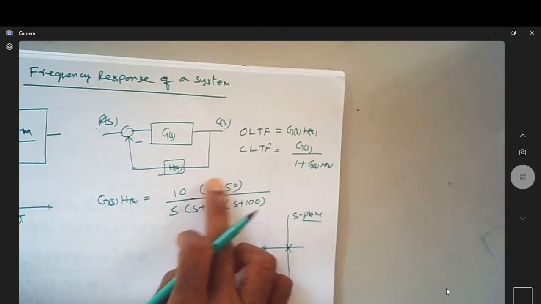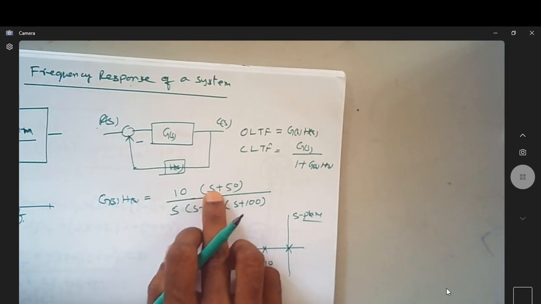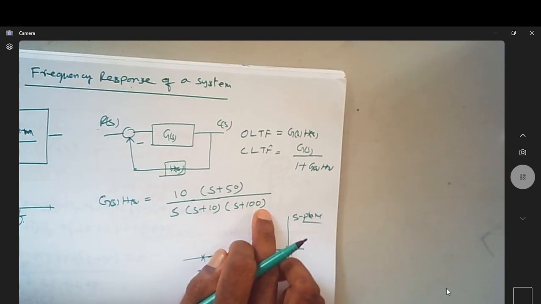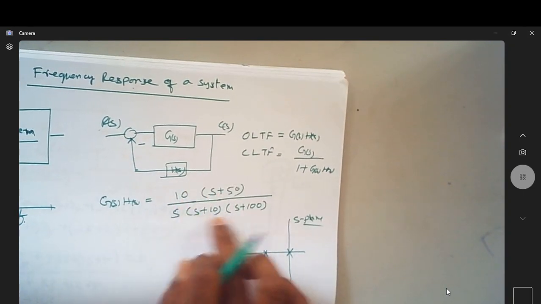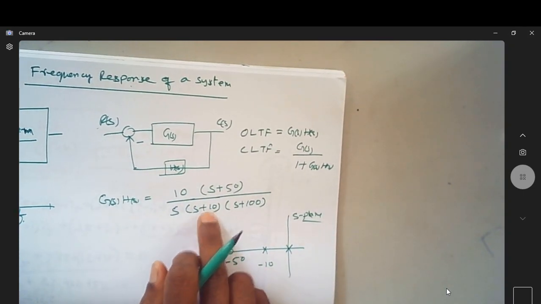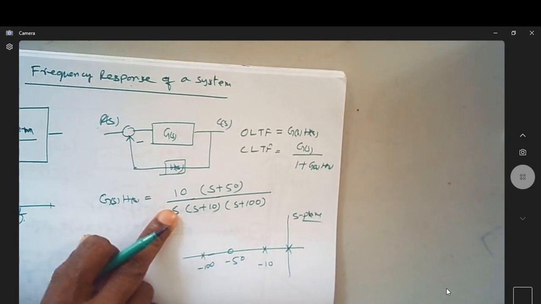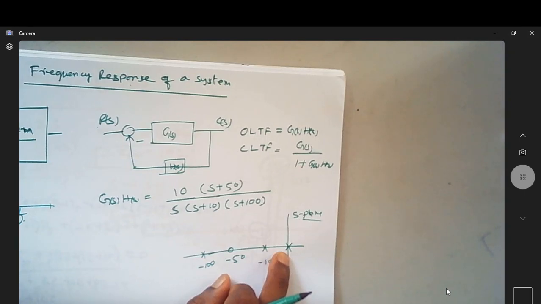Now this is in pole-zero form, because you have s plus 50, s plus 10 and s plus 100. This tells me where the poles are. The pole is at minus 10, the pole is at minus 100, the zero is at minus 50. Of course there is one more pole at the origin.